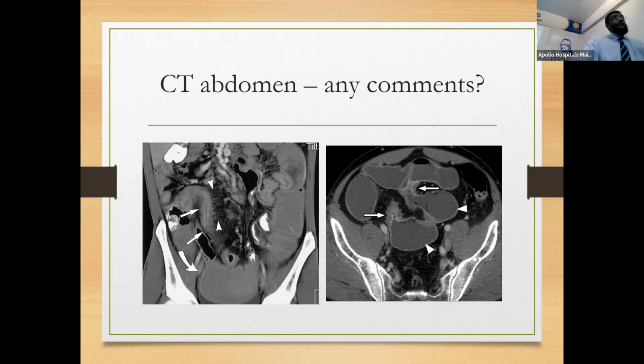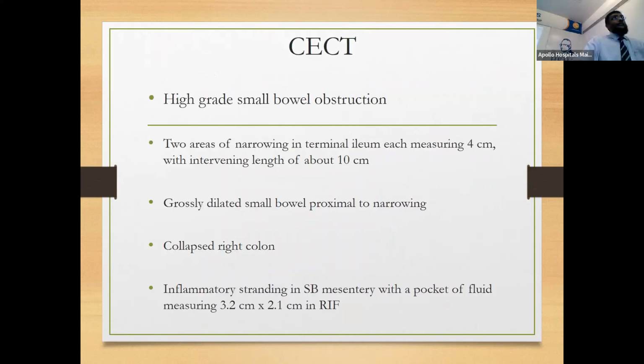I mean, a radiologist will be able to measure and tell you exactly what that is. 10 centimeter, 8 centimeter, something like that, I would have thought. And then the bowel wall is thick too. So all of these are classic features of small bowel Crohn's stricture. Okay, so it is a high-grade small bowel obstruction.